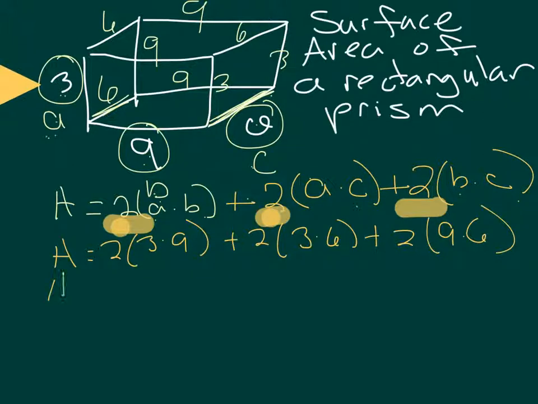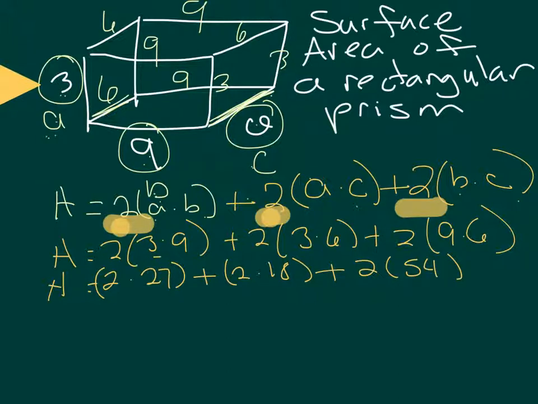Now, I know when I work this, I have to do parentheses first. So this one's going to be 2 times 3 times 9, which is 27. Plus 2 times 3 times 6, which is 18. Plus 2 times 9 times 6, which is 54.